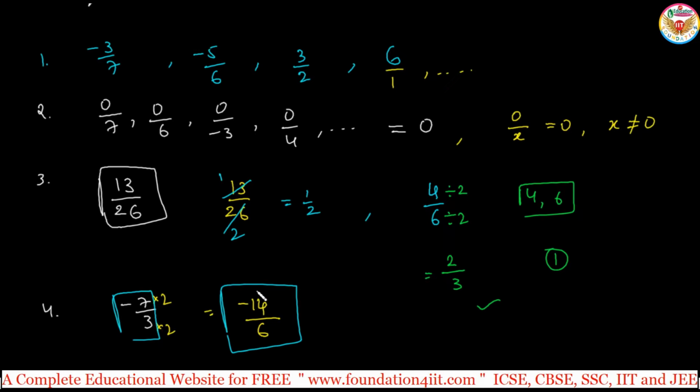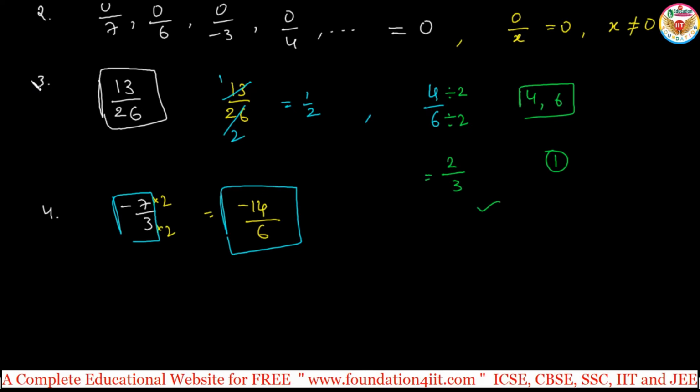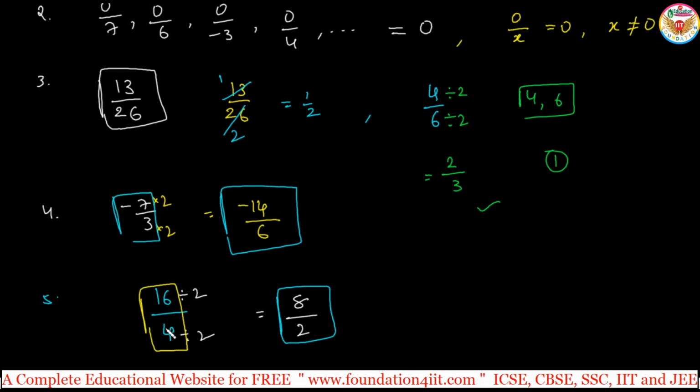The value does not change while you are doing multiplication as well as in division. Same, for example, if you go for division, now 16 divided by 4. If you divide with 2 and divide by 2, 16 divided by 2 is 8, 4 divided by 2 is 2. That means the value of 8 divided by 2 is exactly equal to the value of 16 divided by 4.